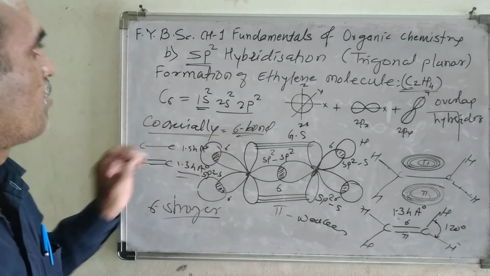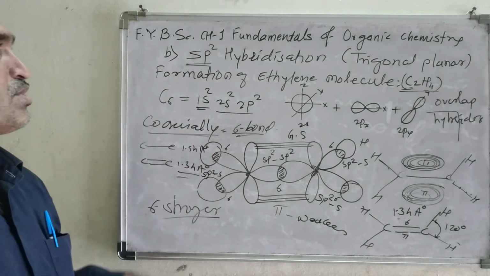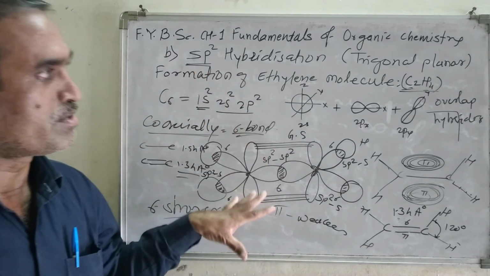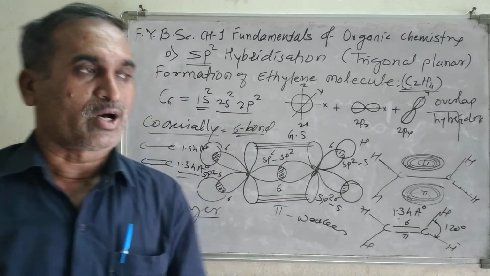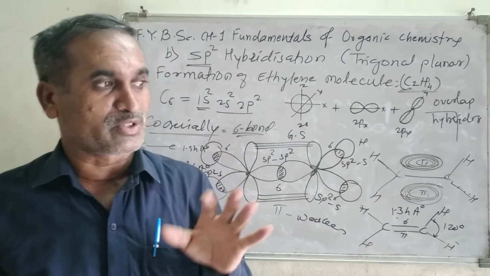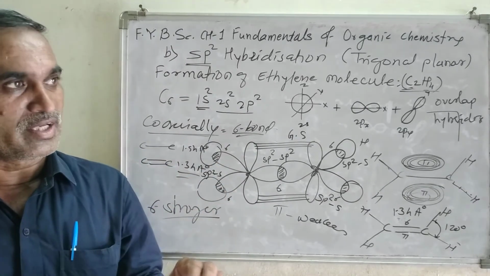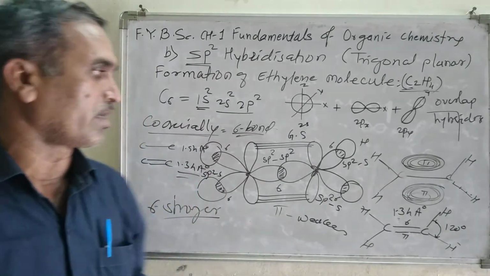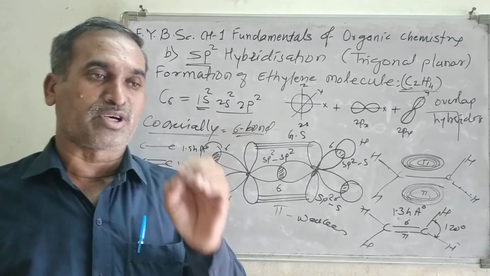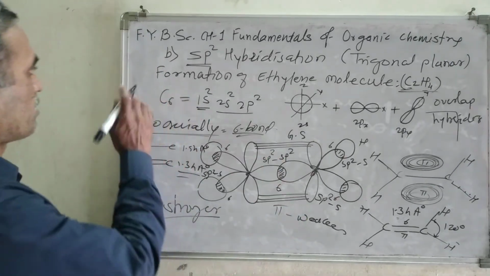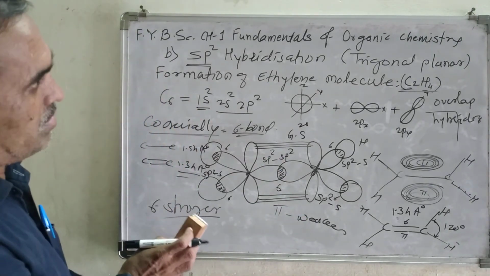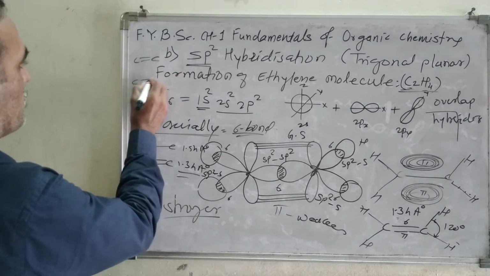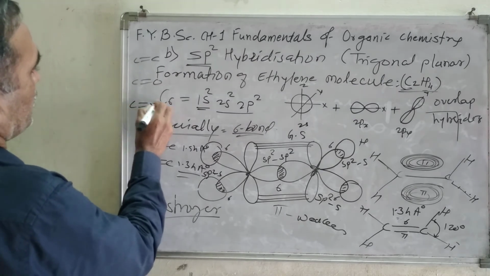So this is all about the formation of sp2 hybridization, and this becomes an unsaturated compound. Unsaturated organic compound means a molecule containing a carbon-carbon double bond or multiple bonds. sp2 hybridization is shown by a carbon-carbon double bond, carbon-oxygen double bond, carbon-nitrogen double bond, and carbon-sulfur double bond.